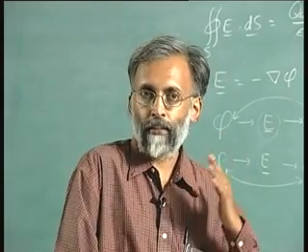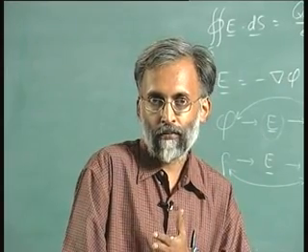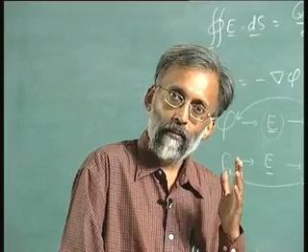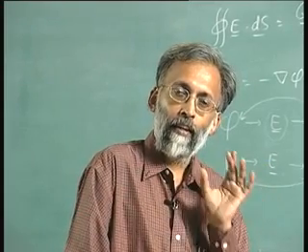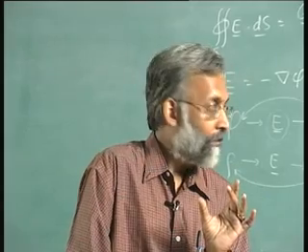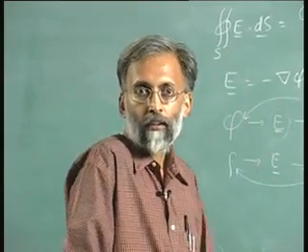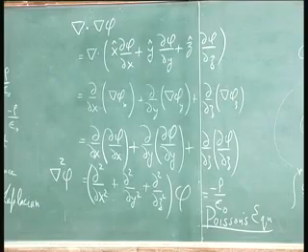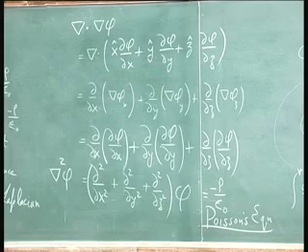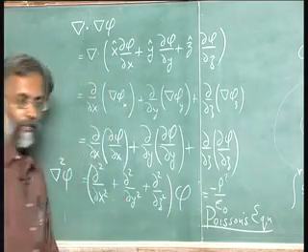One plate is kept at, say, ground potential, the other plate is kept at 10 volts, and between those two plates an electric field develops, which is described by Coulomb's law, which is described by Maxwell's equations. So, that is a problem where we do not know the value of rho.